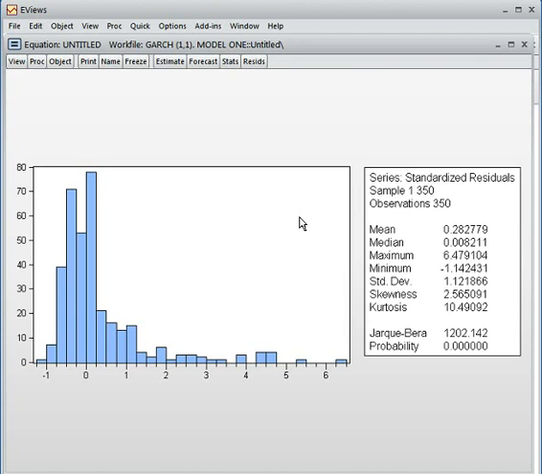We can still accept this GARCH model for prediction and so on, and so we can also use the model for that.